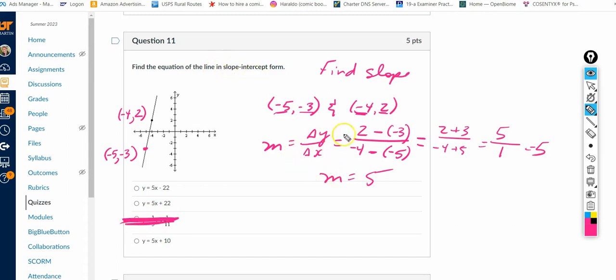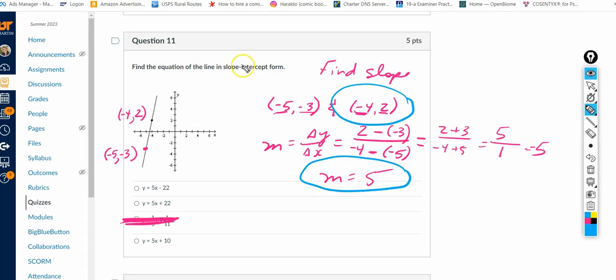Now, if I have a point and the slope, I can get the equation of the line. So I'm going to use the slope-intercept form, and I have 2 points, and I am free to choose whichever one I want. I'm going to choose this one because it doesn't have as many negative signs. That one has 2 negative signs.